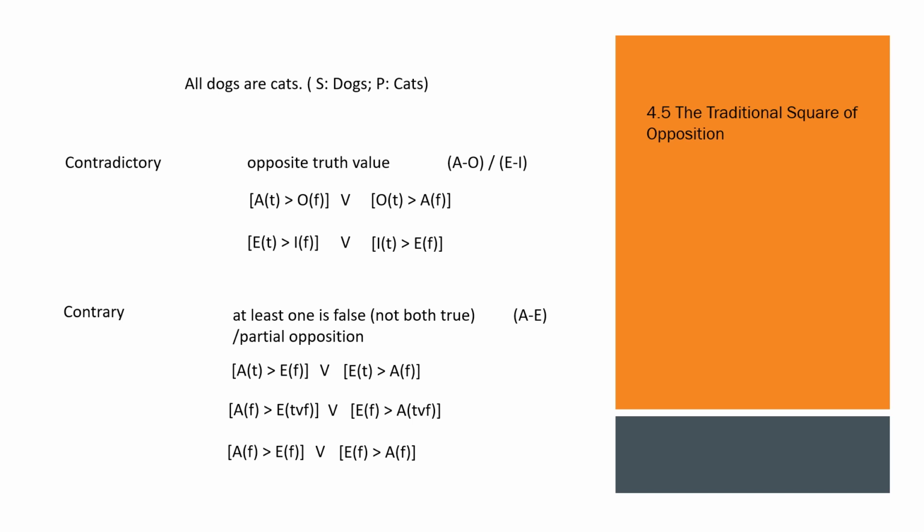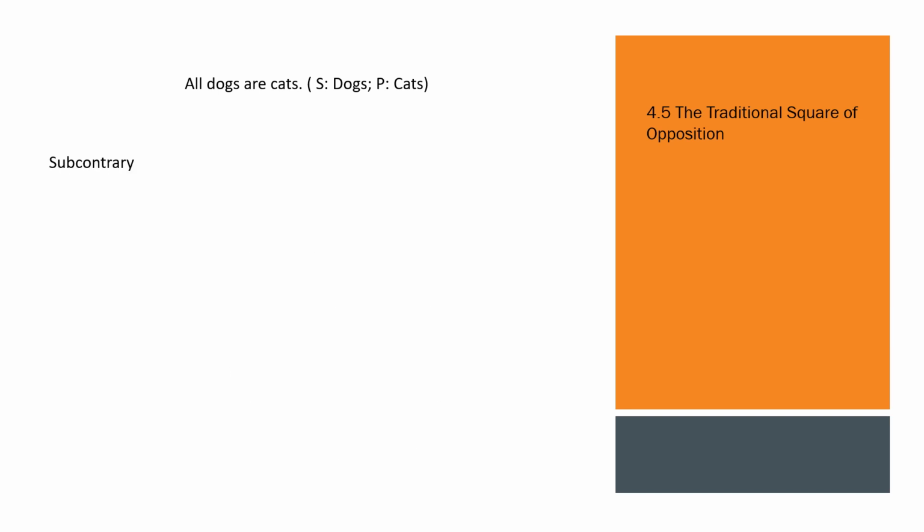And what about the next ones? So the thing with subcontrary is that at least one is true and both cannot be false. It's exclusive to the I and O relationship. Now, if I is false, then O is true, right? Because they cannot both be false.